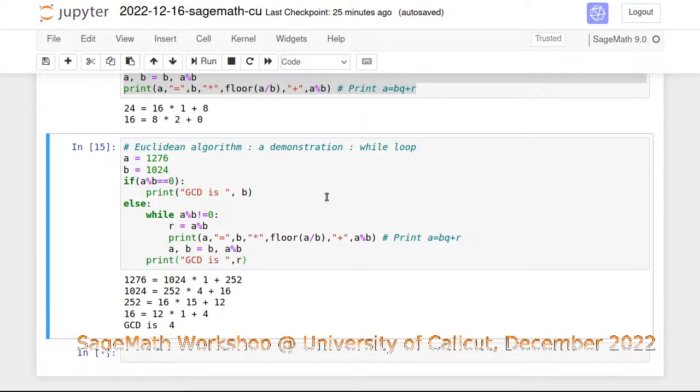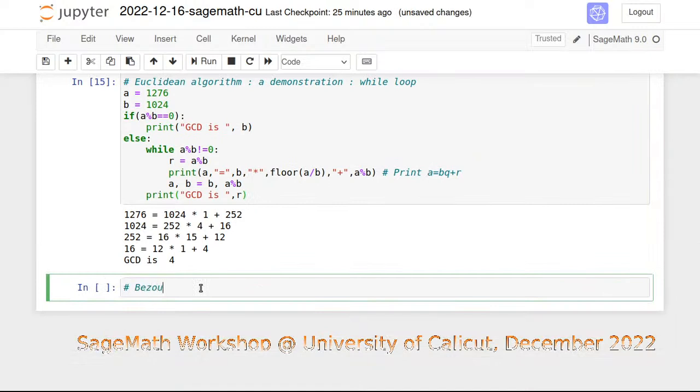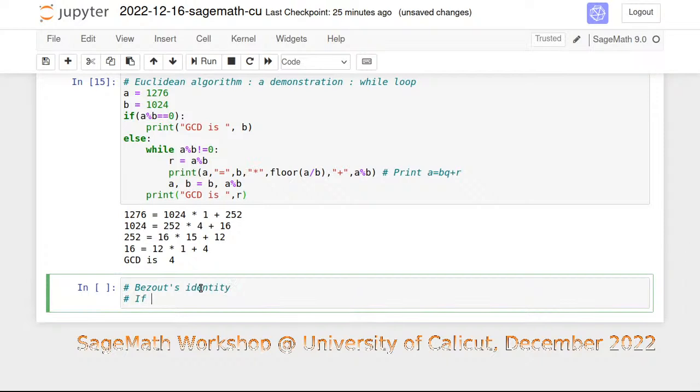Okay. Now we will move to one fundamental identity or lemma in elementary number theory, which is known as Bezout's identity, or Bezout's lemma. It essentially says that if D equals GCD of A and B, there exist integers X and Y such that D equals AX plus BY.